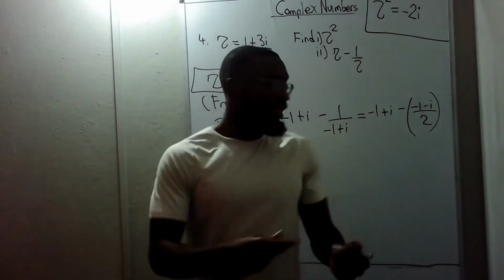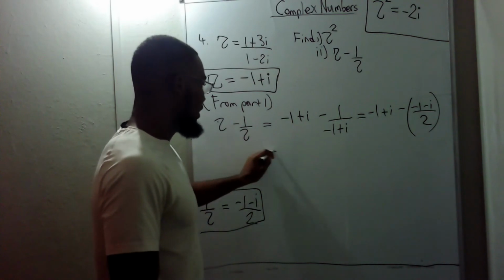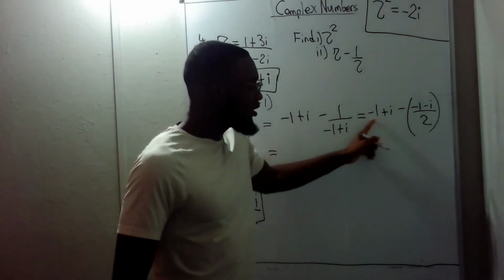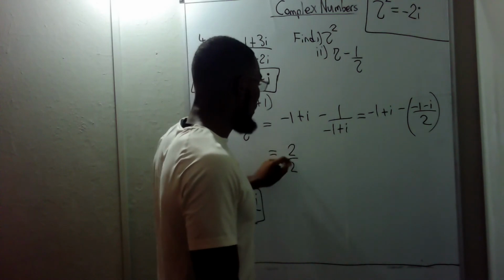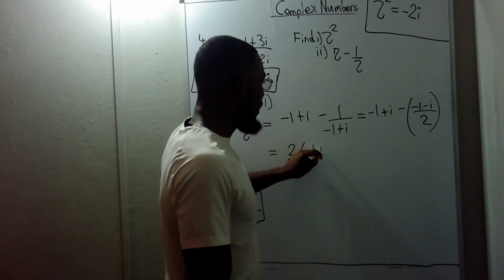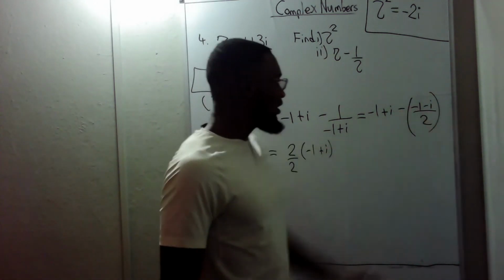Now anytime you're dealing with fractions, I love when you change everything to a fraction. So this is equal to, you see this part, change it to a fraction too. We can put 2 over 2 in bracket, minus 1 plus i, and then expanding the minus inside.